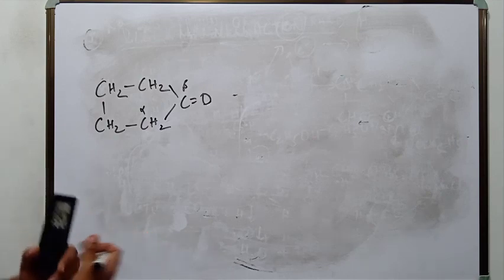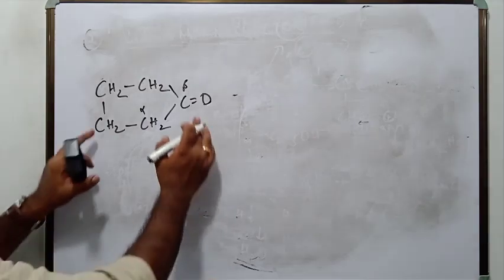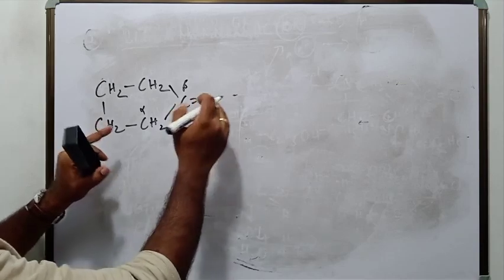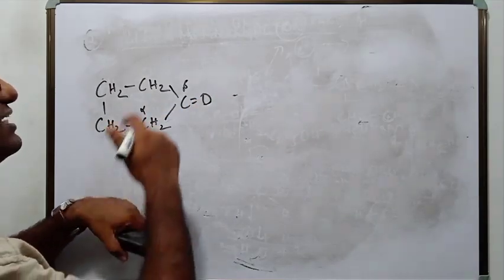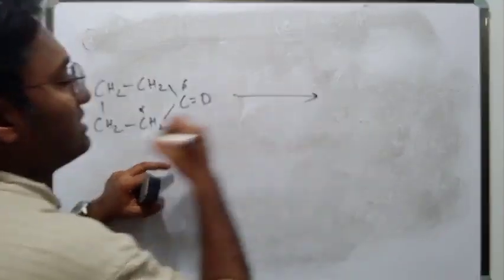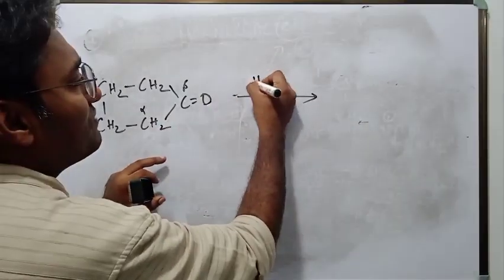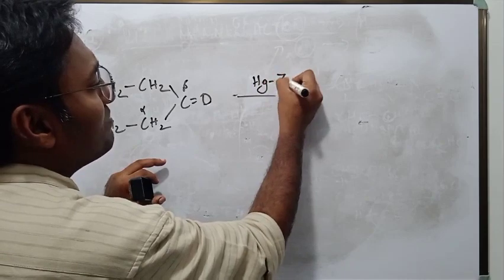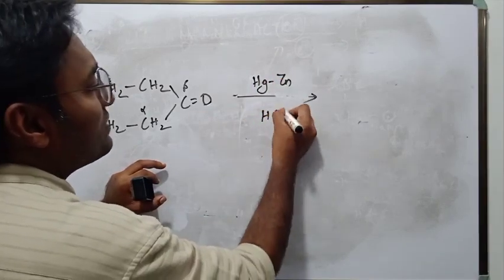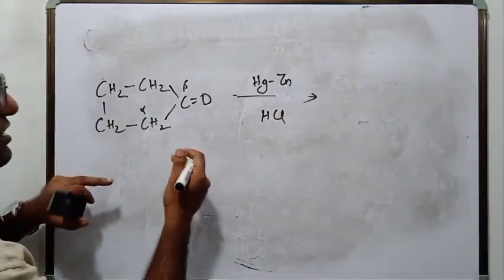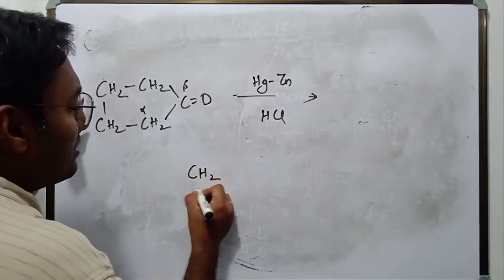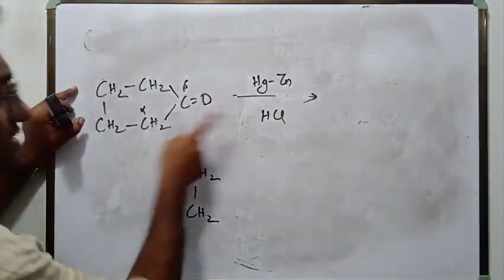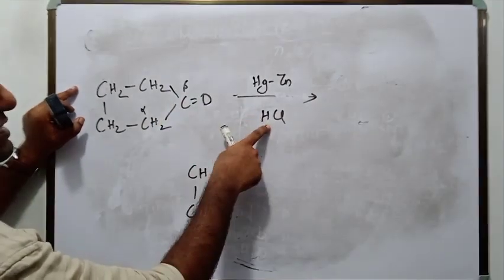Now this is a ketone. We can convert a ketone into an alkane. There is a reaction called Clemmensen reduction. In Clemmensen reduction we use zinc amalgam in the presence of HCl. For this, the ketone group should be stable in acidic condition.